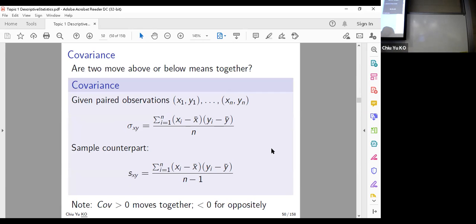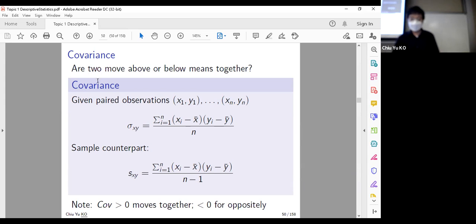But now, besides income, we have education. So x1, y1 will be guy number 1's income and education, and x2, y2 will be guy number 2's income and education, and so on. So you can see a pair observation here.